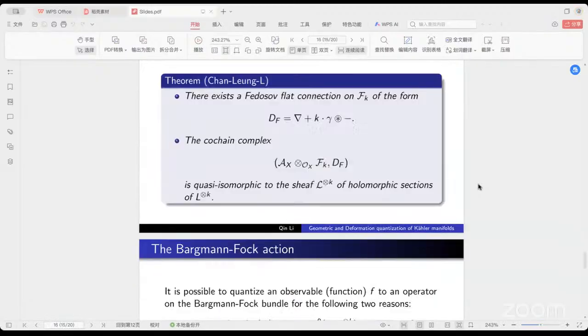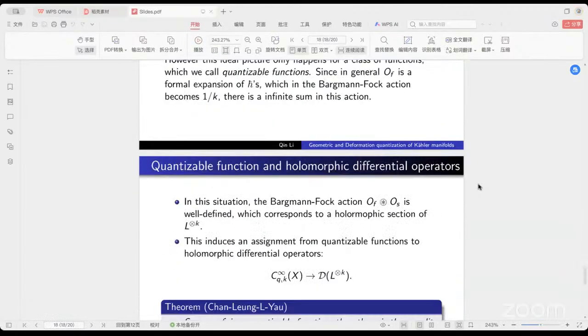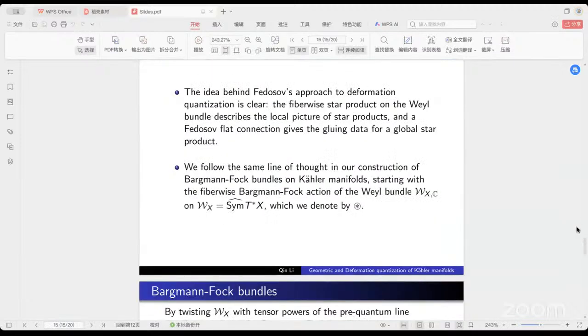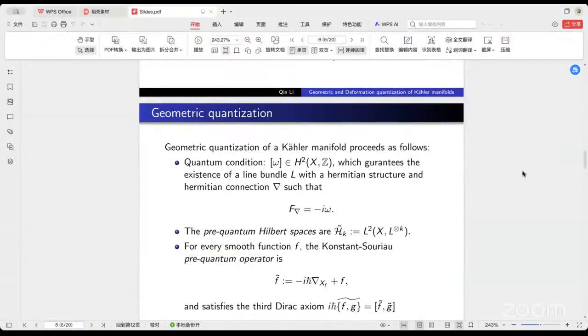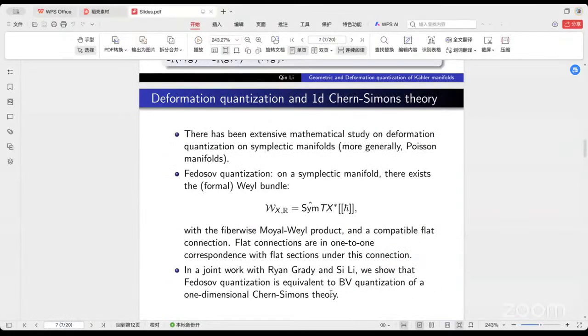Yes, this one here. Yes, Chern-Simons. There are some similar phenomena, but is there some conceptual reason for one loop exactness?